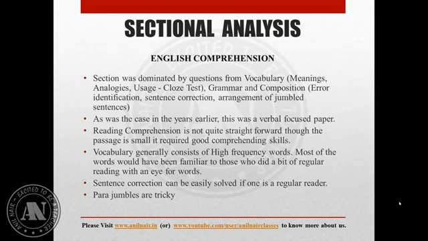There were a good number of high-frequency words coming in today's paper, and most of the words would have been familiar to those who did a bit of regular reading with an eye for words. Para-jumble questions are quite tricky. In sentence correction questions, answer options are very, very close, and a good number of questions also came from error identification, sentence correction, arrangement of jumbled sentences, cloze test questions, analogies and other miscellaneous.